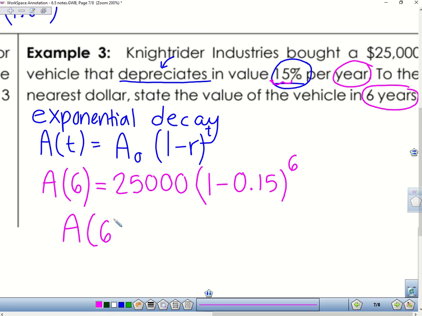So A of 6 is equal to 1 minus 0.15 to the 6th power times 25,000. And that gives me, remember this is a dollar amount, your answer, $9,428.74.